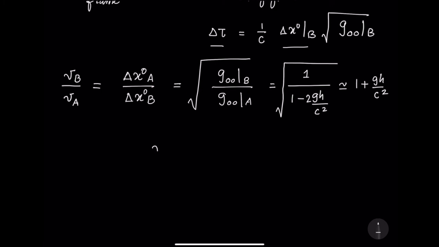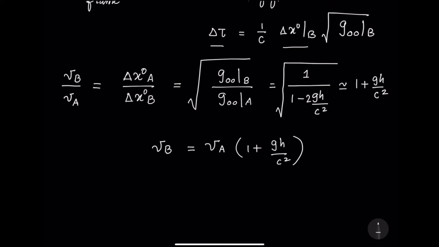So we see that nu B equals nu A, the frequency at the top, times 1 plus GH by c square. This is exactly what Pound and Rebka saw, the change in the frequency.